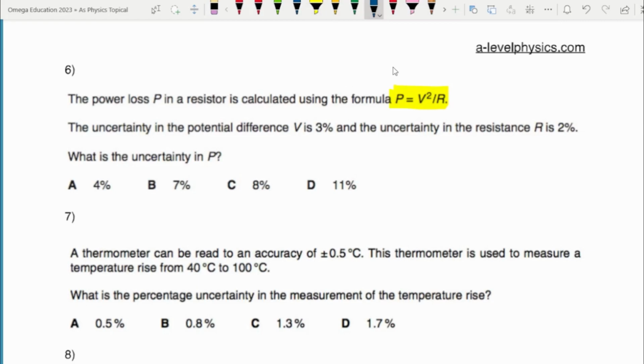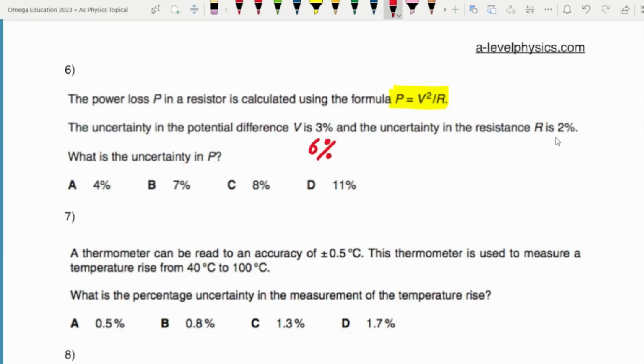How many quantities do you have in the formula? V square and R, and they are being divided. What do you do? You add the percentage uncertainties. So what is the percentage uncertainty of V? Potential difference 3, but we'll be taking 6% because you have V square. If you were having the cube of V, then you would have been multiplying the uncertainty of V by 3, according to the rules.